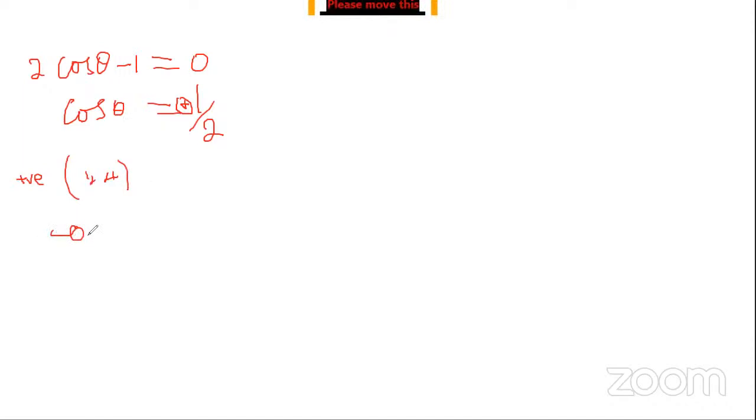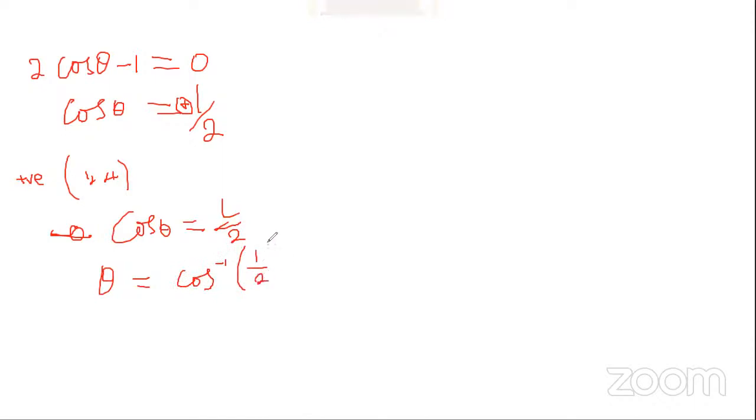Then now we shall take the cos inverse. So if cos theta is equal to a half, taking the inverse, theta will be equal to cos inverse of a half. And what is the cos inverse of a half? 60.